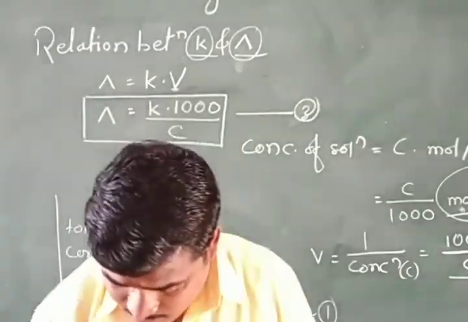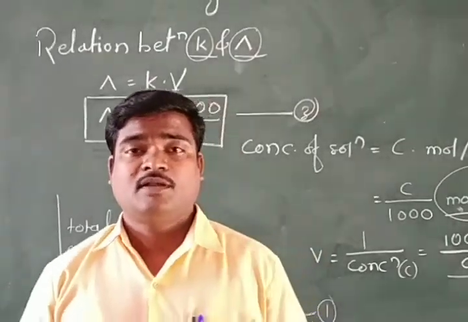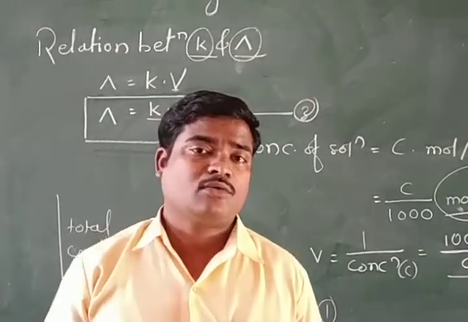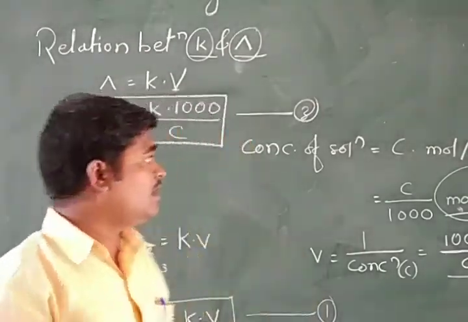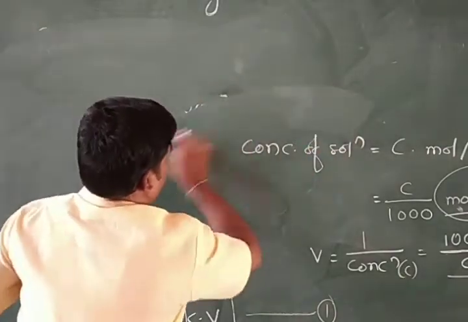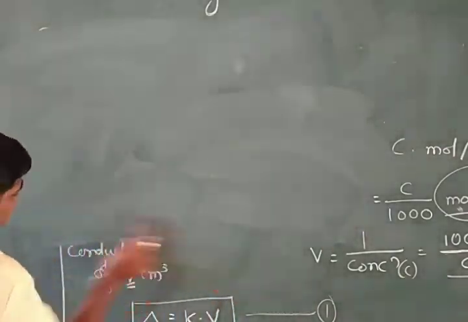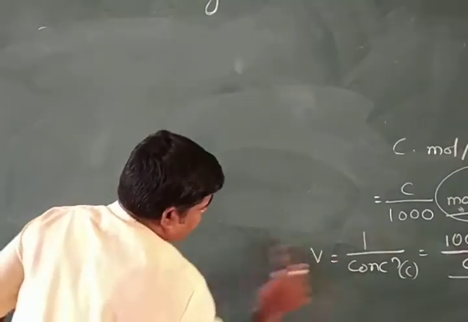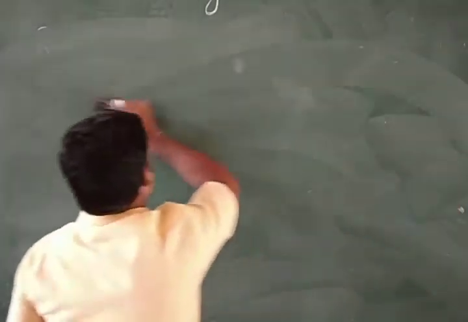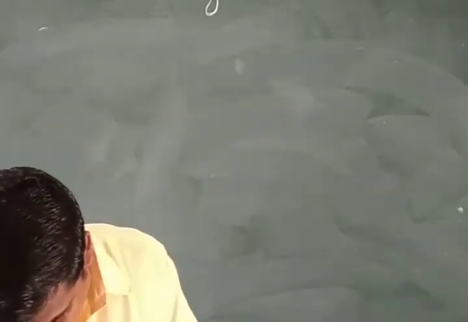Now one of the problems based on this relation is what we are going to consider and solve here. The relation between K and lambda we have already seen. Now after that we will go for one of the problems.